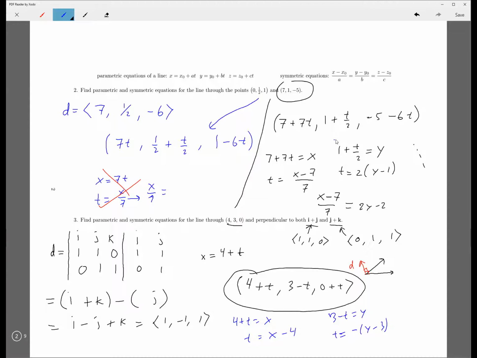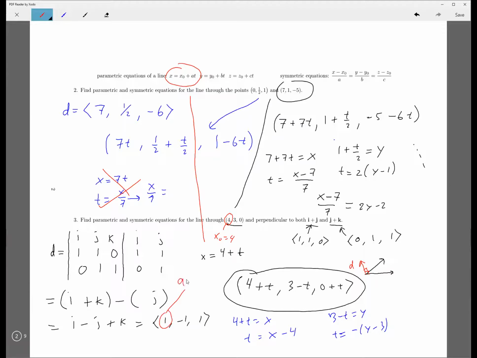Hey, for the first part, how did you get x is equal to 4 plus t? You do the cross product, and then you... Okay, so this part comes from here. The x0 comes from the point, and the a is from here.